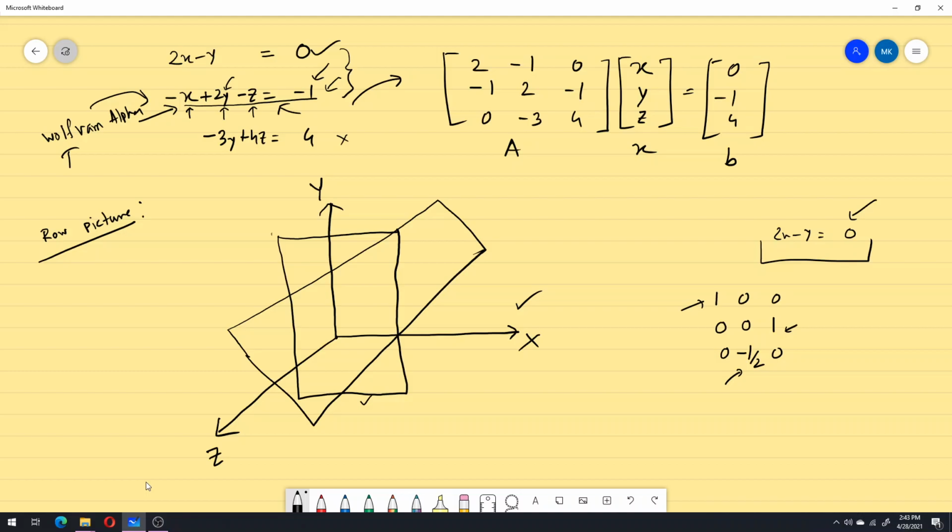What should be the picture of the solution? If two planes meet each other, the picture would be a straight line, right? You can think of it yourself: two papers are basically two planes, right? If two papers meet each other, then you will get a straight line, and that is their solution.